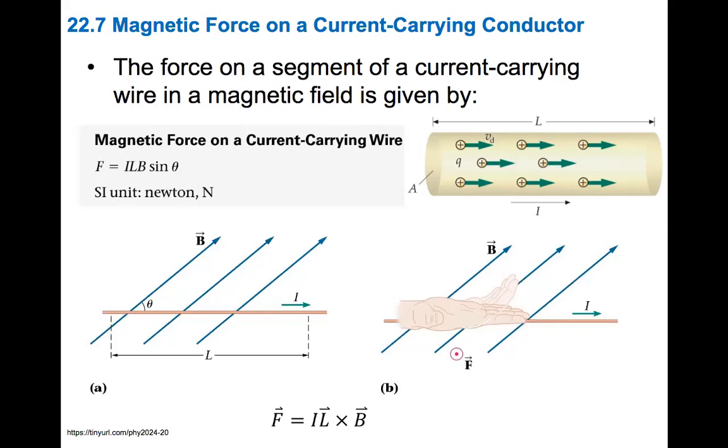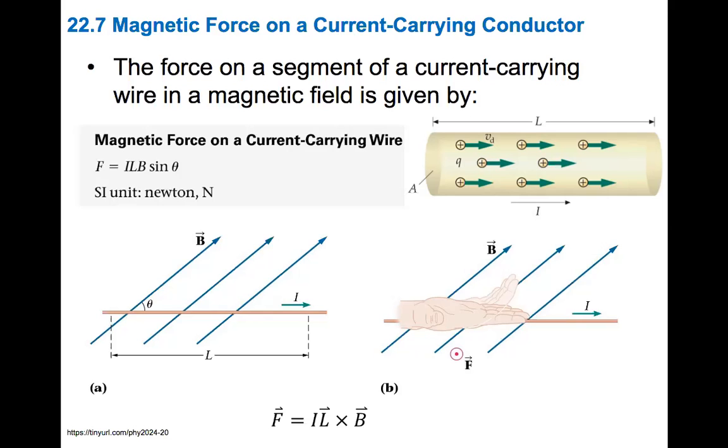So for a wire carrying many charges moving in one direction, all these charges experience magnetic force, and that force builds up on the wire. So the wire will experience a magnetic force if it's placed inside a magnetic field.